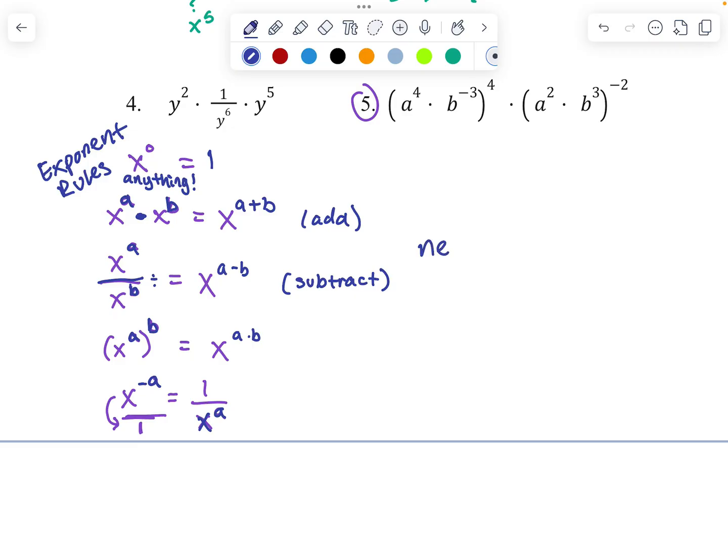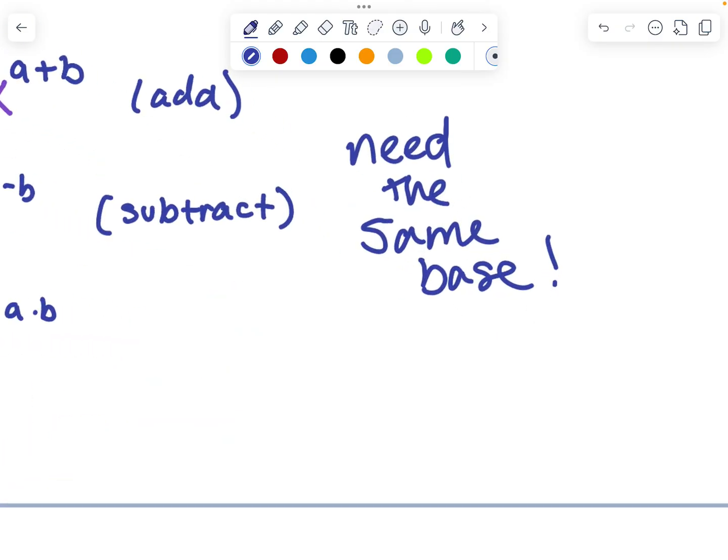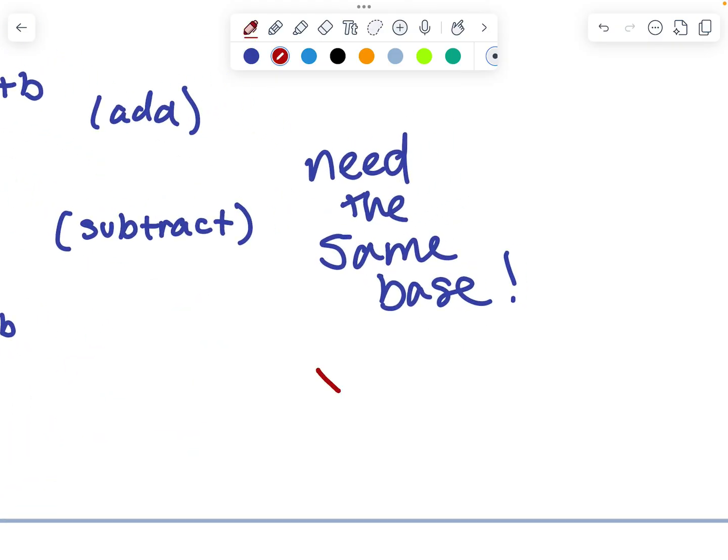Now, usually for these rules, you need the same base, right? So if you have x to the a, let's say, times y to the b, okay? These are not the same base, not the same base.